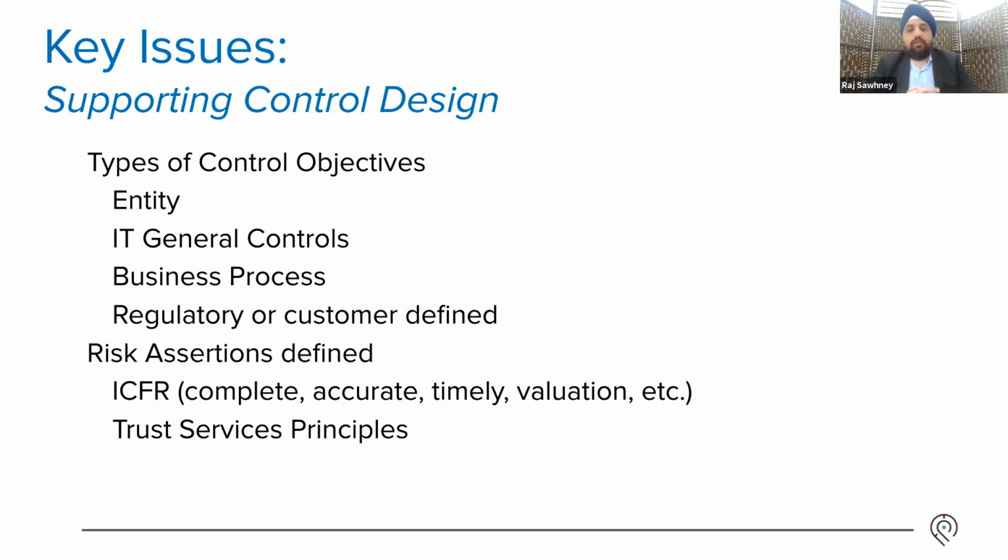When you review it, you'll notice that the IT general controls are very specific to those areas I talked about: access to programs and data, change management, computer operations, SDLC, and they might even go into the data center. The business process controls are heavily focused on financial reporting, but they're going to have other areas as well. So you want to focus on those areas that are pertinent to your objective in obtaining the SOC report.